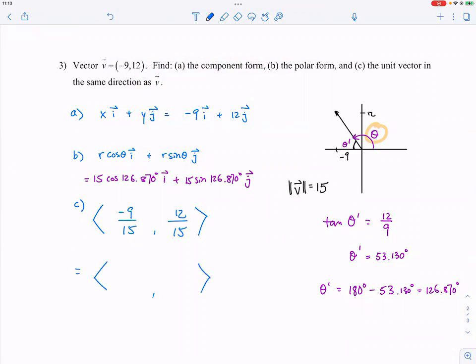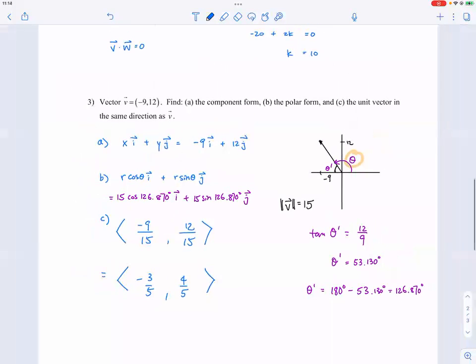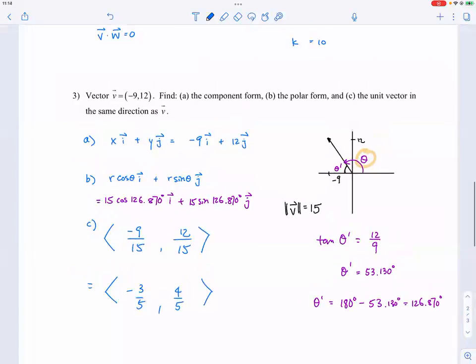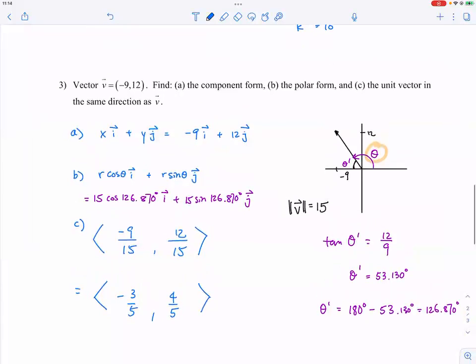And then you will simplify this to -3 over 5, and then 4 over 5. Okay, so that's how you get your unit vector. So make sure you can express the vectors in different forms. Okay, so that's it for the review.